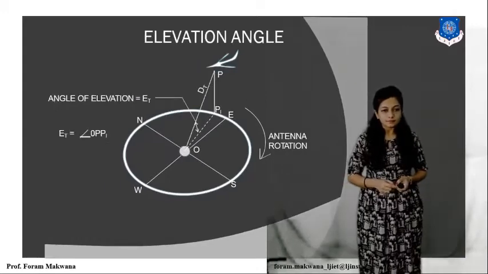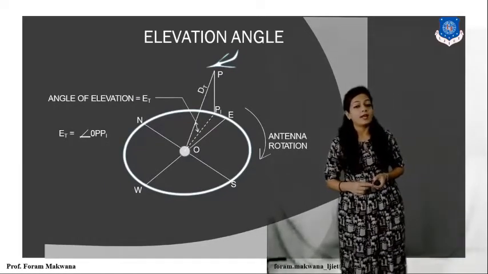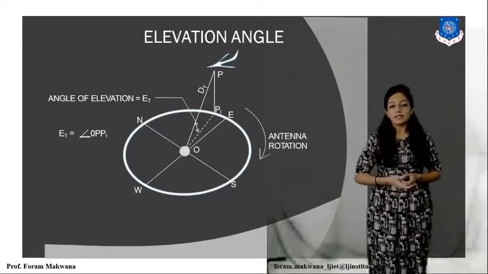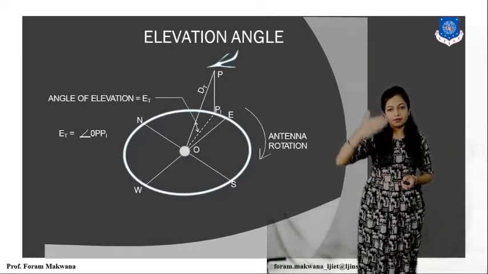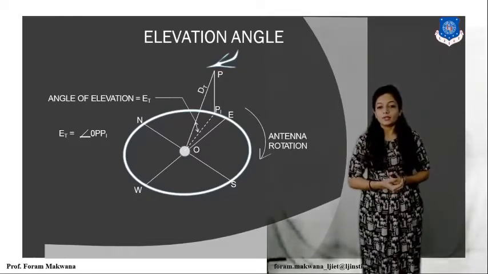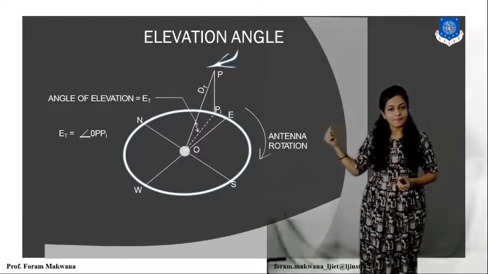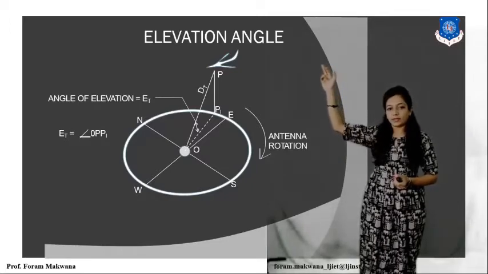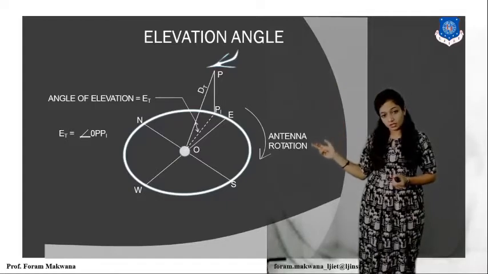Now what is the elevation angle? As I have told you, and as we have studied in satellite communication, the elevation angle is the vertical angle. If I need to calculate the elevation angle for the radar, it is the same: I take the vertical projection of the target onto the surface of the earth.